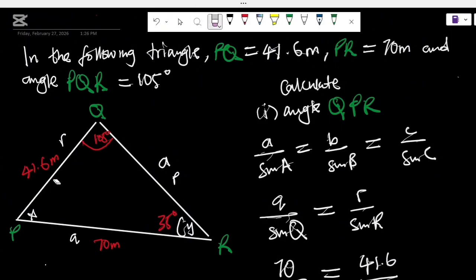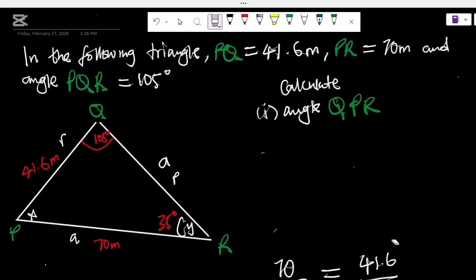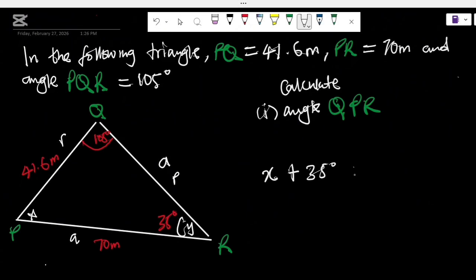So to find the angle at X, this is going to be X, the angle we are looking for, plus 35 degrees, which is the angle at Y, plus 105 degrees, the angle at Q, and the total is going to be 180 degrees because this is the triangle.